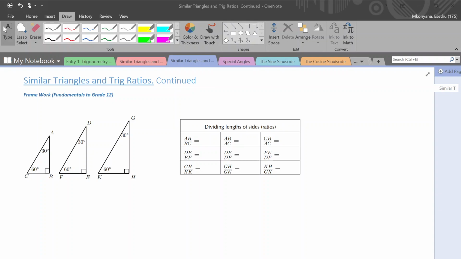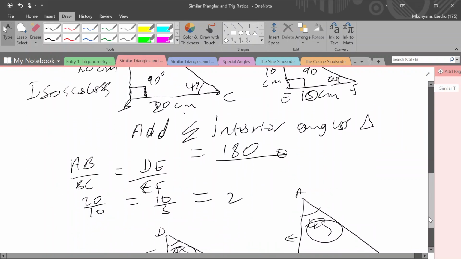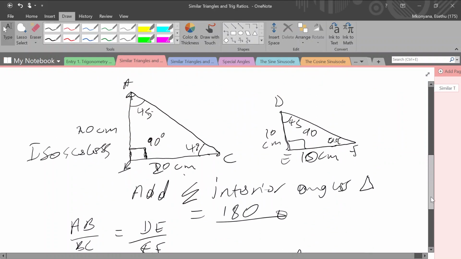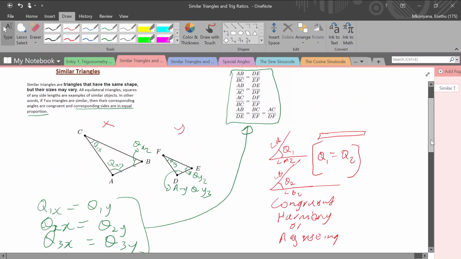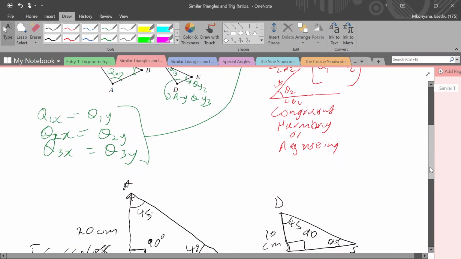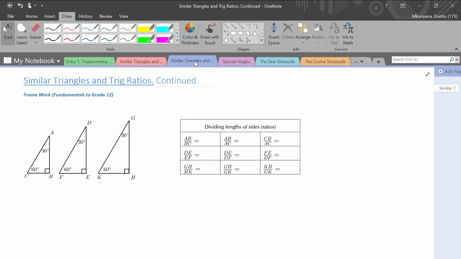In this video, we're going to continue from our video on similar triangles. If you remember from the last video, we looked at the idea that when you've got two triangles that are not necessarily the same size, but have the same shape and their angles are congruent, which means they're in harmony, or in simple terms, they're the same.